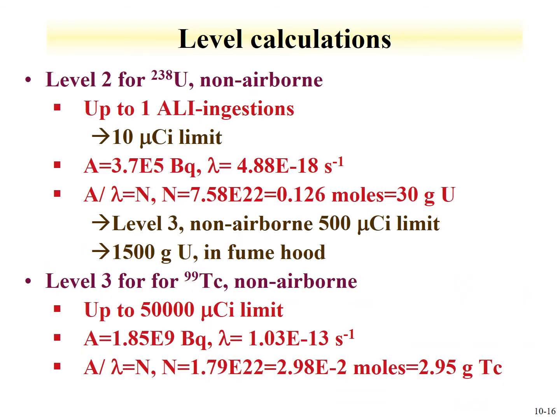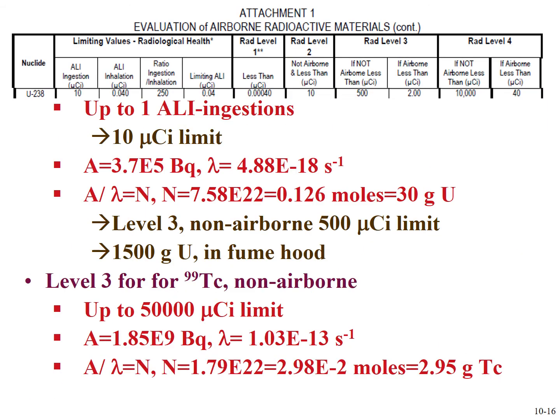An example of that is provided here. Assume that you wanted to do a level 2 for uranium-238. This is non-airborne. This is basically one ALI. So if we go to the tables, we see that uranium-238, rad level 2, that's 10 microcuries as our limit. So the question would be, what mass of uranium is 10 microcuries equivalent to?